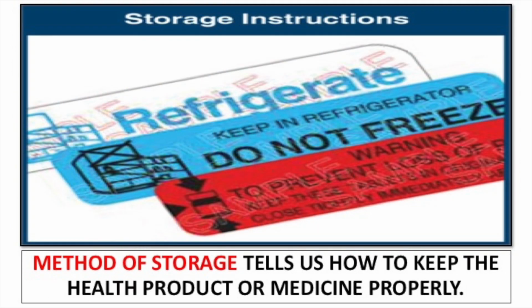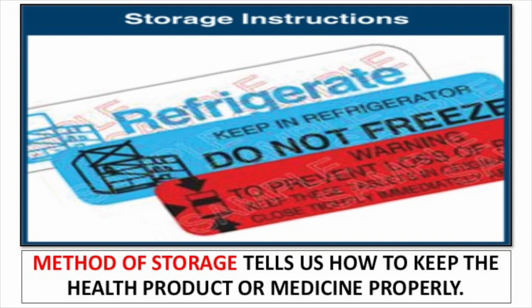Method of storage tells us how to keep a health product or medicine properly. Like where to put it in the house. Should we keep it in a fridge? Do we keep it in the cupboard? Or do we have to keep it outside in sunlight? It tells us where to keep the product.